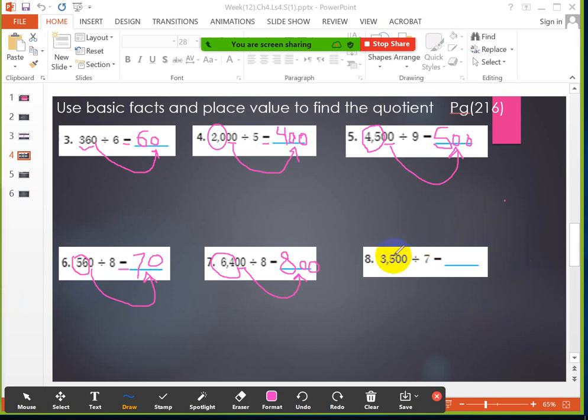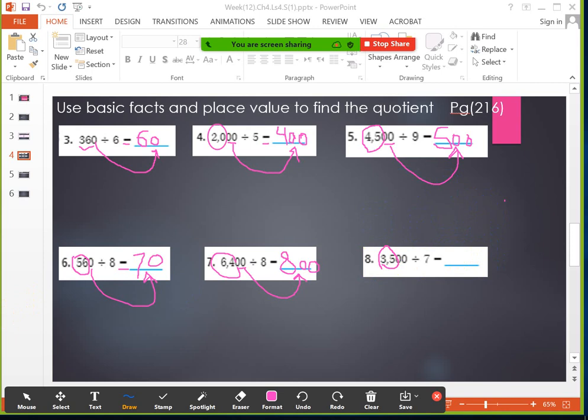What's the answer? Which number will I choose here? I will choose 35, right? Yes. 35 divided by 7 equals what? What's the number that I will multiply with 7? The answer will be 35. 500?